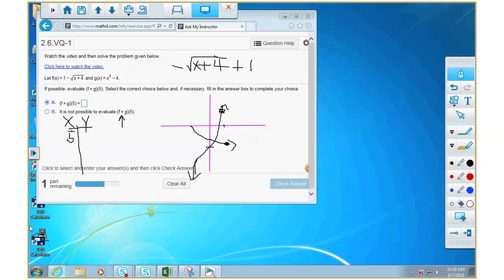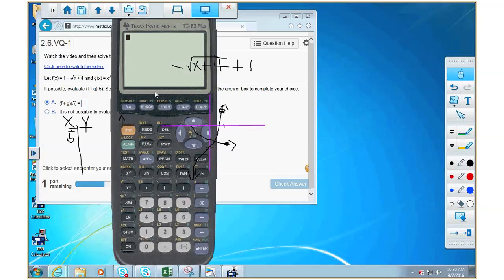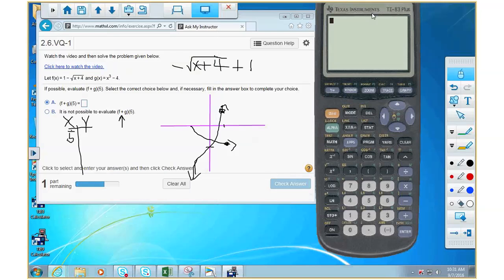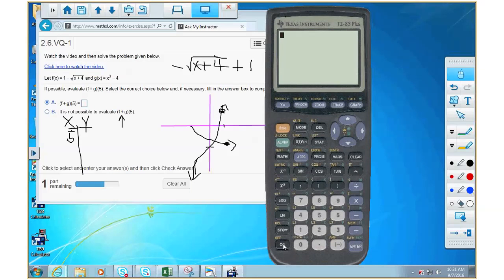So pull up the calculator, and we're going to graph. And that's why I tell you on some of these graphs, just punch them in. So we got x cubed minus 4. Y is equal to x cubed minus 4. And then I'll make the other one thicker.